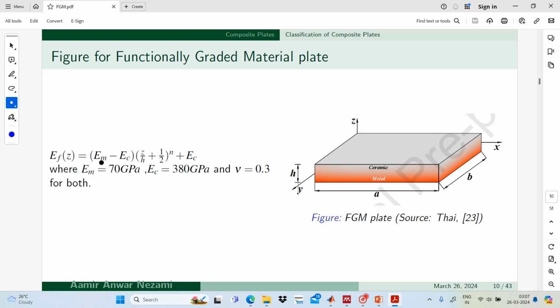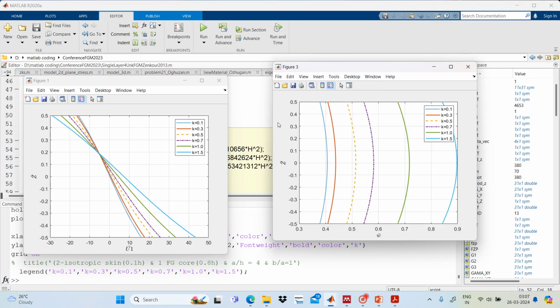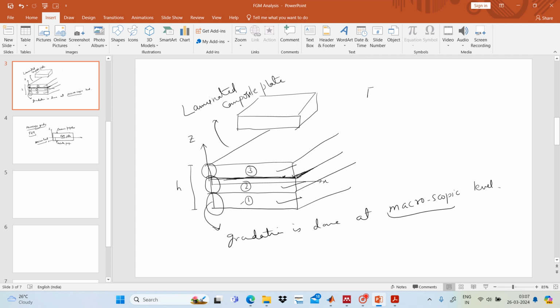Then if you multiply, Em minus Ec into 1, Em minus Ec plus Ec, then we will have, let me show here, E of Z equals Em plus Ec minus Em into Z by H plus half to the power n.